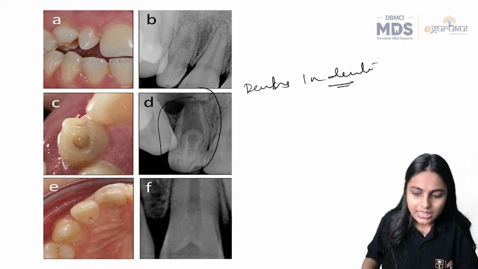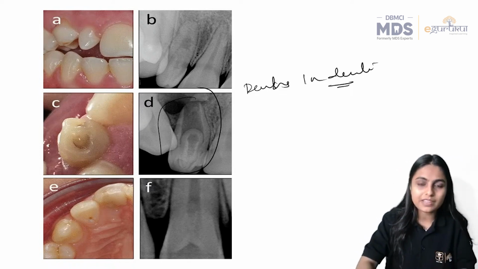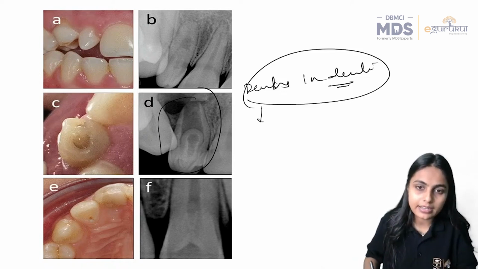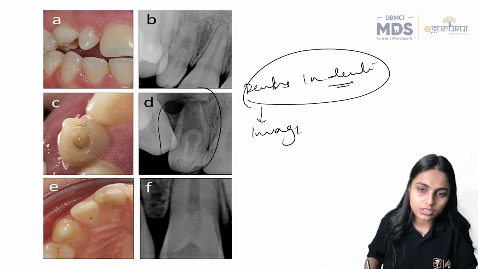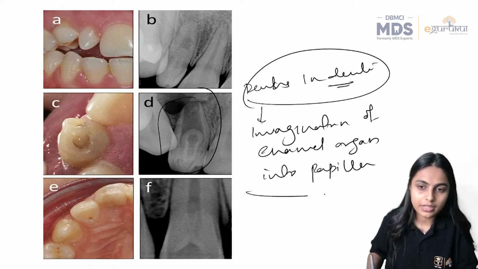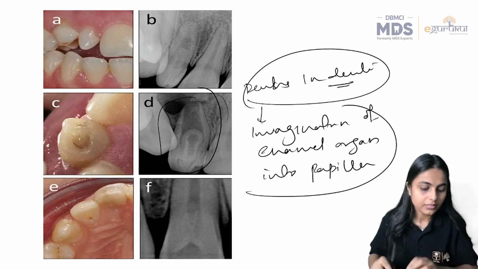Dens in dente is a developmental malformation where there is invagination of enamel organ into the dental papilla, right? So this is how dens in dente looks like.